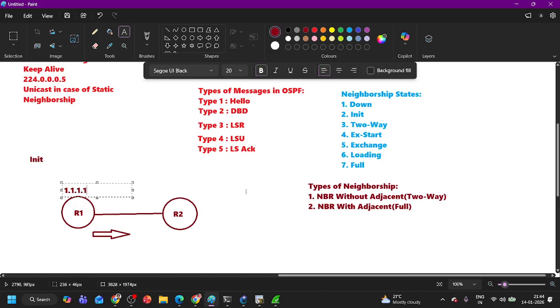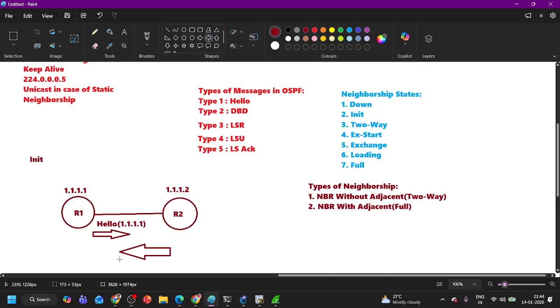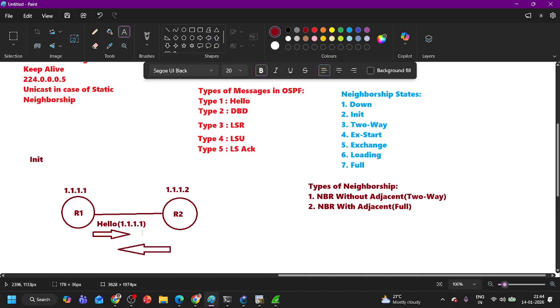In the first hello message, router 1 will only send its own router ID: my router ID is 1.1.1.1. Router 2 is also sending a hello message: my router ID is 2.2.2.2, and other information. Tell me, through this hello message can bidirectional connectivity be checked? No, right? Because there is no information about the neighbor.